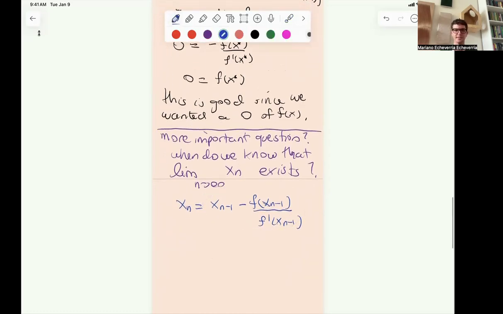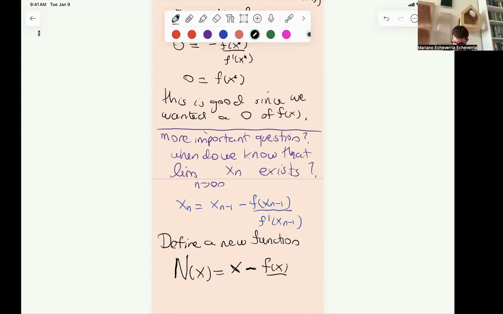So, what I'll do now is define a new function. I'll call it n, just for Newton. So n of x is going to be x minus f of x divided by f prime of x.